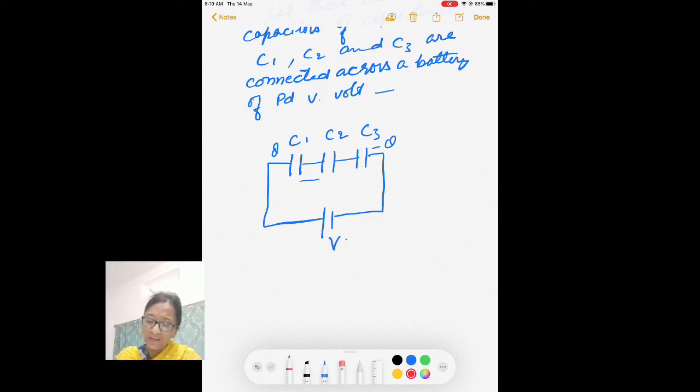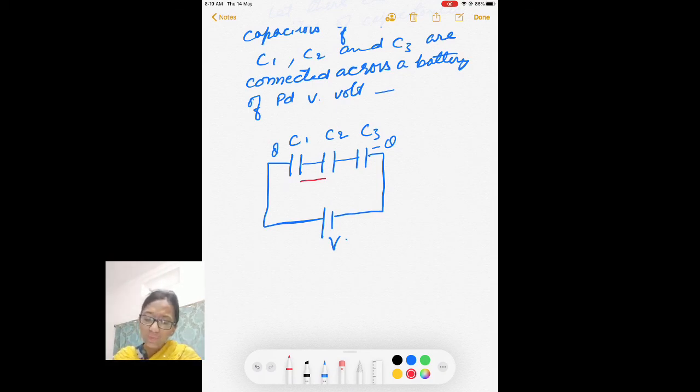Now what happens? Here you have a system of conductors which is connected separately, so it will act as a neutral combination.